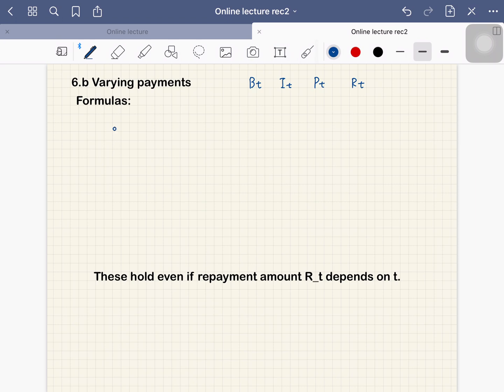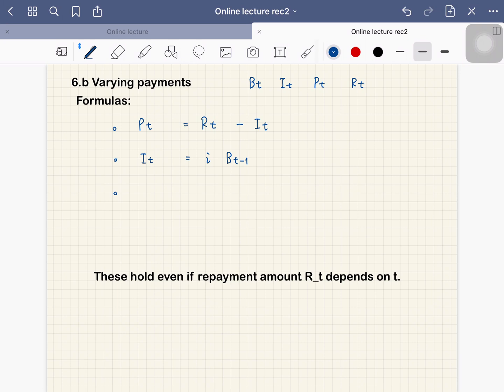First, the principal repaid amount is the total amount repaid minus the interest repaid. The second formula is that interest repaid at time t is the annual effective interest rate times the balance in the previous year.